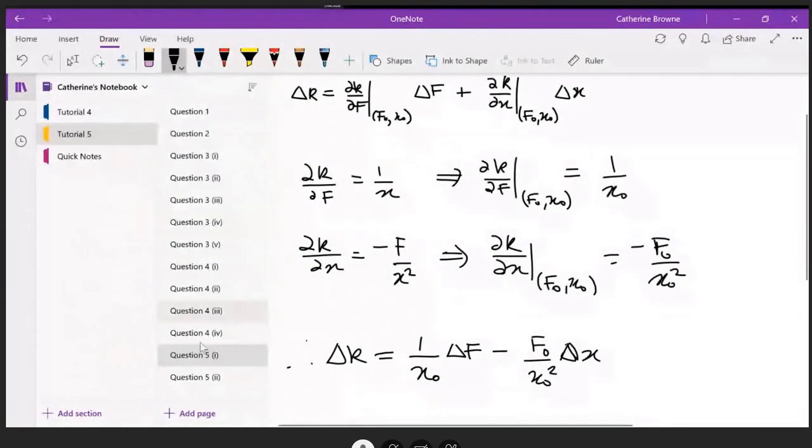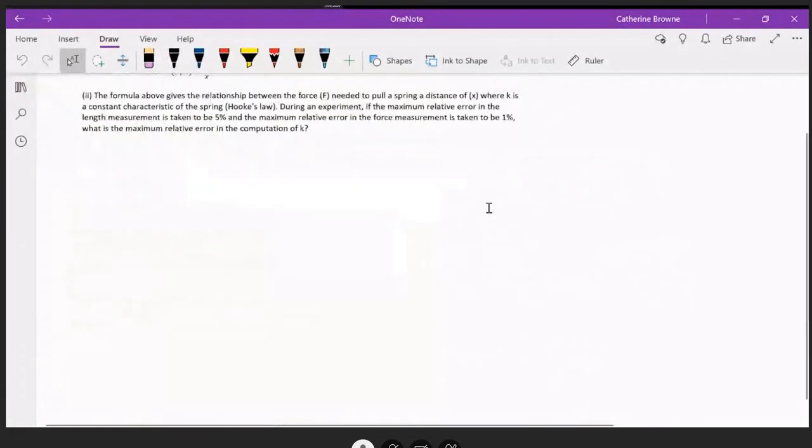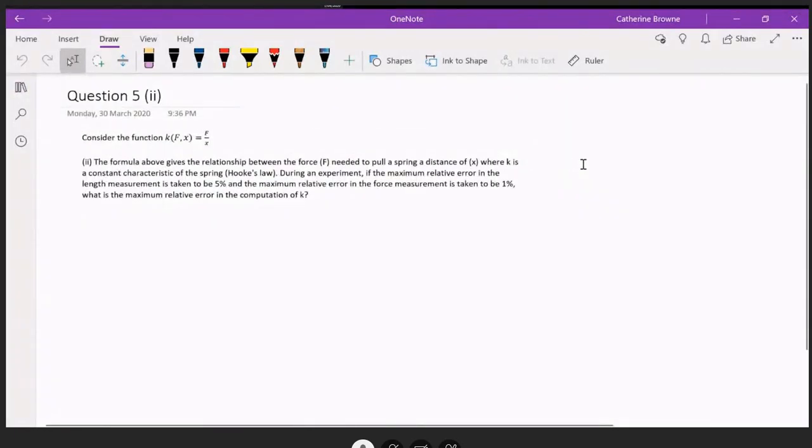And so the next question, I've pointed out that this is Hooke's law, which you may be familiar with. It's the relationship between the force needed to pull a spring a distance of x. The spring has a characteristic k that's always constant.